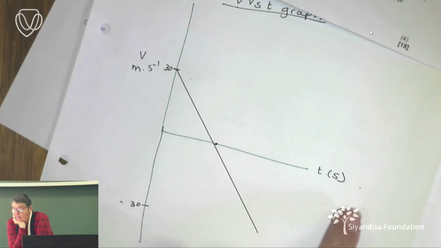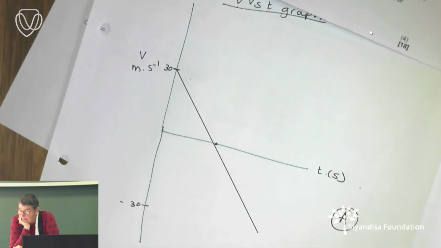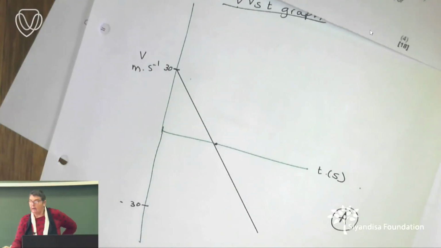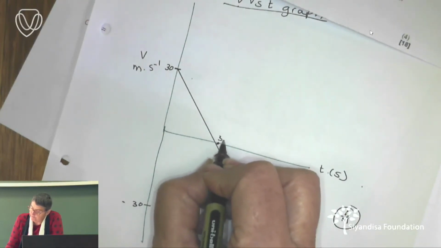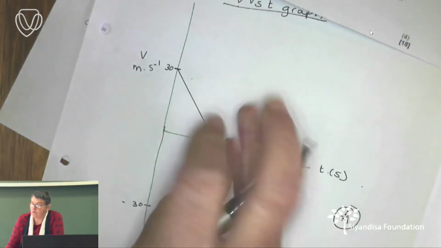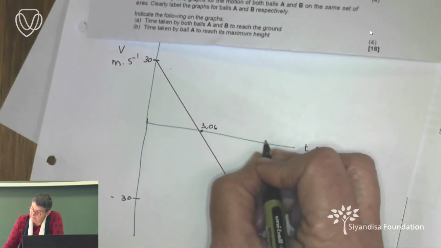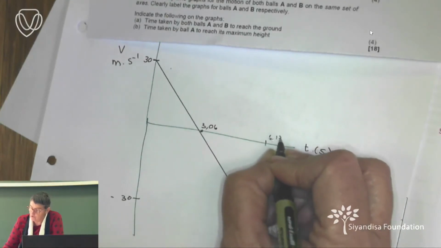Remember, this is time. Now, what happened to ball B? If this is my time over here, from previous calculations, we know that this time would have been 3,06, because that is what was asked. They wanted total time there, and we calculated it. And this would have been 6,12.